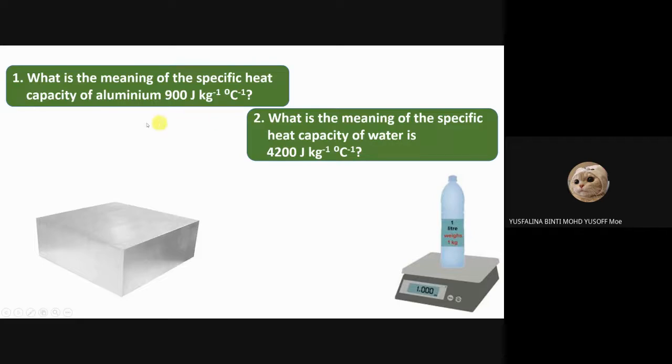What is meant by 900 joule kg negative 1 degree Celsius negative 1? Number 1 and number 2. Anything you want to ask, teacher? Specific heat capacity, heat capacity.